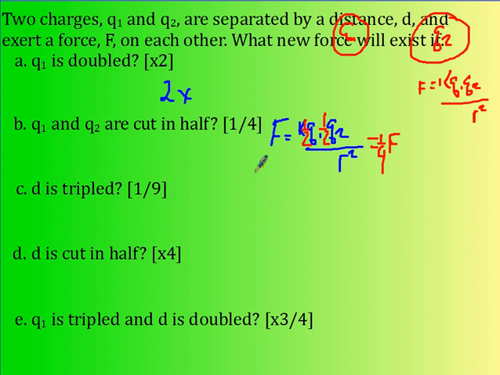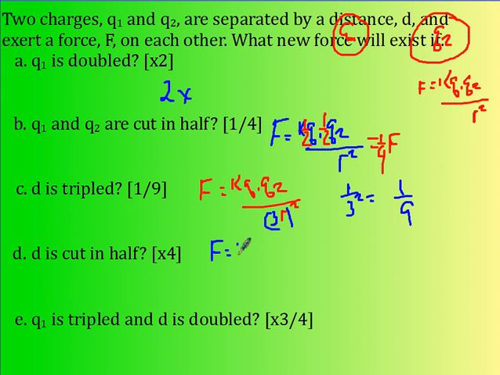However, what if D is tripled? Write out your formula. F is K Q1 Q2 divided by R squared. If D, or R, you know me, I'll flip back and forth between the two, is tripled, it's going to be 1/3 squared, or 1/9 the original force. What if D is cut in half?